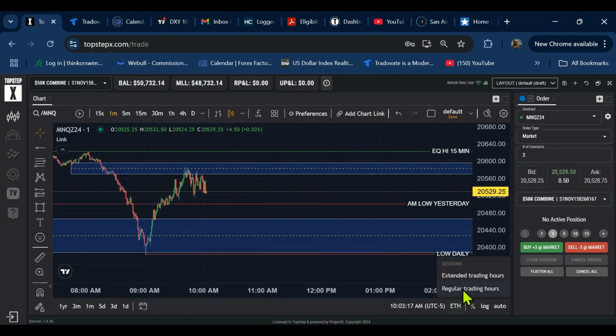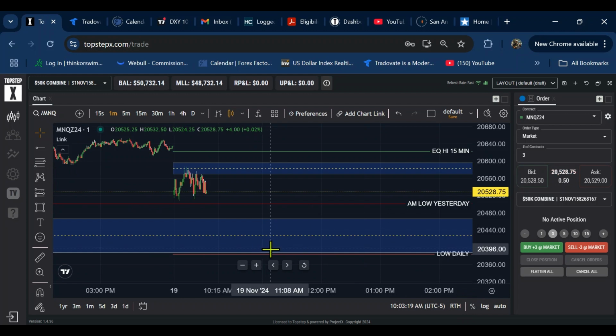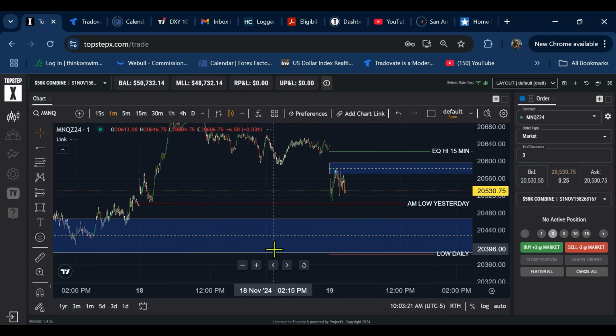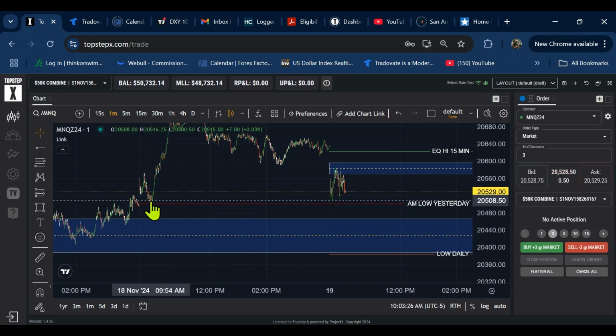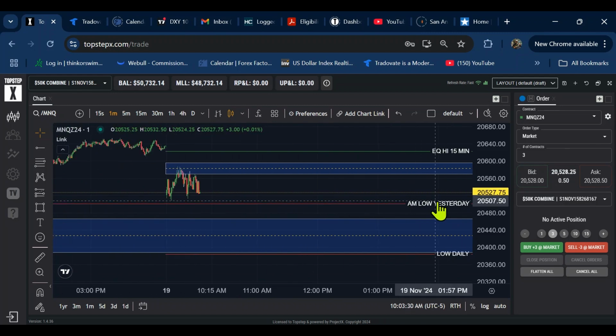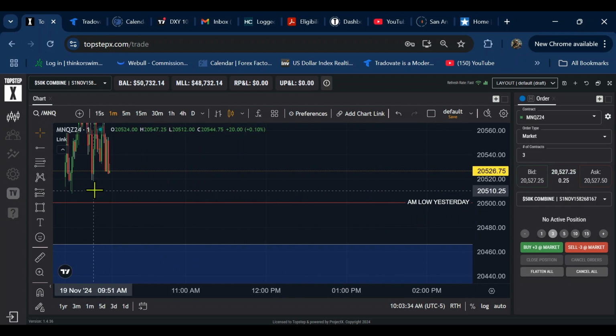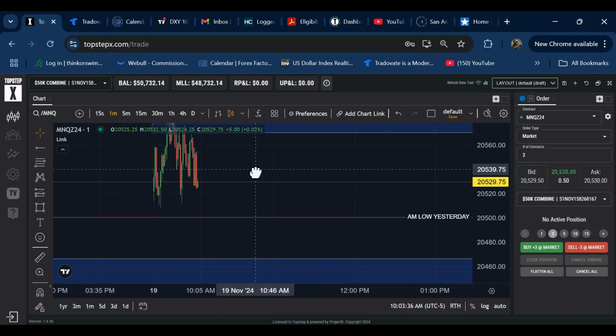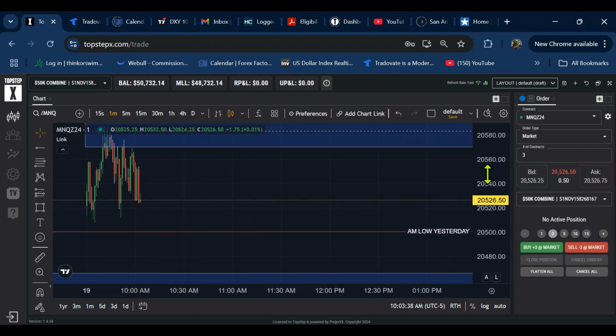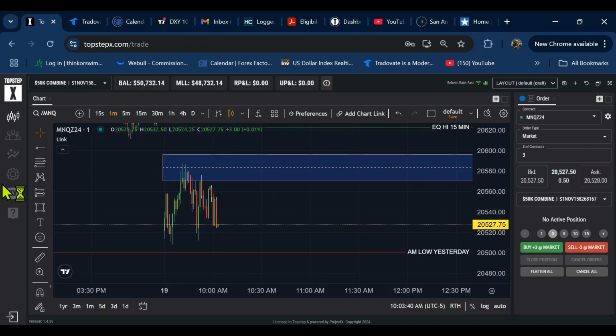Now remember, regular trading hours hold more weight than overnight hours. So this low has not been taken in regular trading hours. So that might be an aim point. And in the regular trading hours session today, we have these lows that appear to be aimed for. But remember, 50% rule.